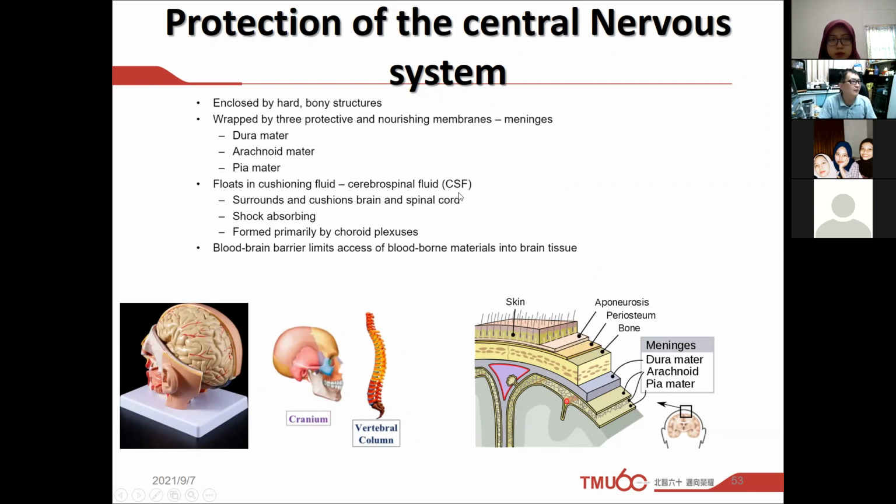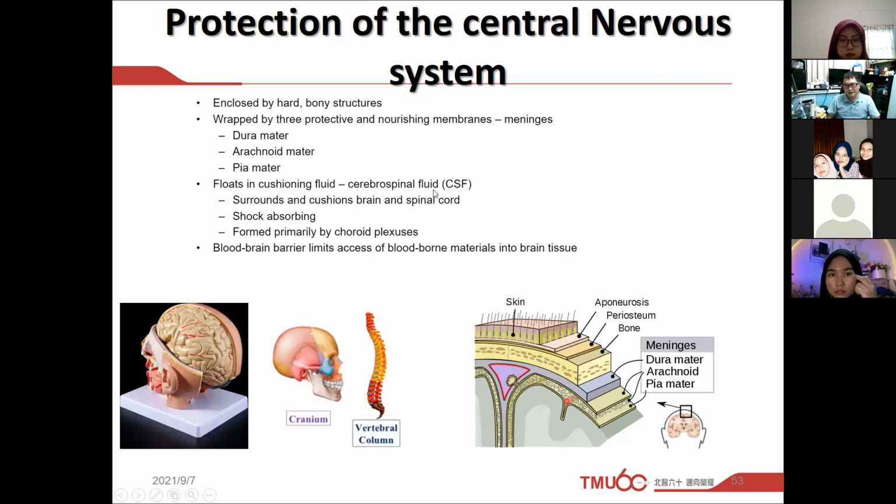That's CSF, the cerebrospinal fluid. After we hit something, we have the hard bone to protect us, and the ocean prevents the cortex from hitting the hard bone. So CSF is another way to protect our brain.